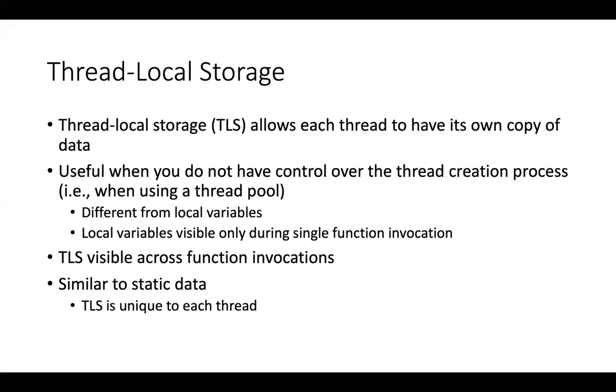It's similar to static data, but the TLS is unique to each thread. Just like we said, it allows each thread to have its own copy of data. So each thread will run separately, as opposed to what we looked at in the IPC, where we had shared memory and inter-process communication, where we also had message passing.